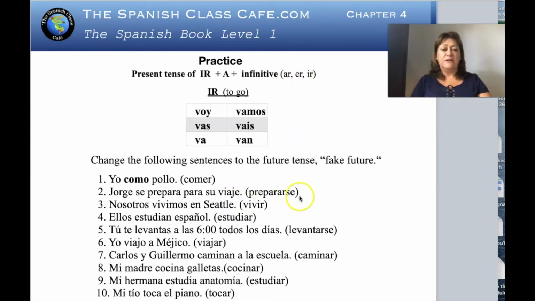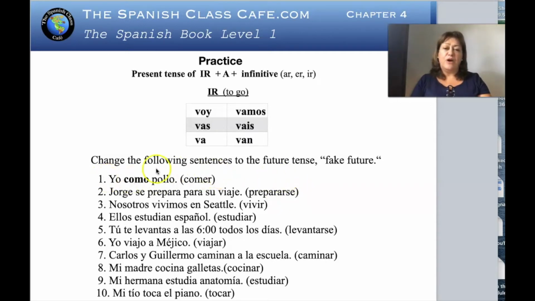And here we have an example of a reflexive infinitive that is an AR reflexive, and the SE is at the end. Remember, I also told you before that the SE, when you look them up in the dictionary, is like a little flag that tells you, remember, I am reflexive. Don't forget to use the reflexive pronoun in the sentence, okay? And that's mainly what we're going to study today.